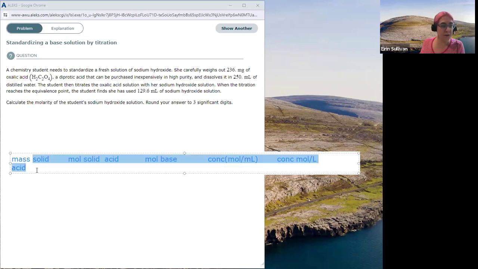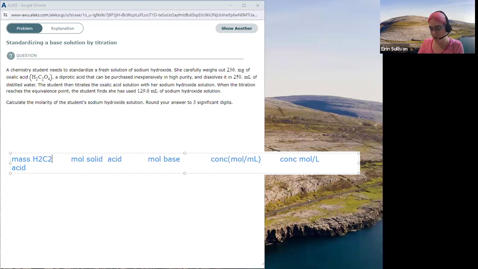So in this case, our solid acid is our oxalic acid, H2C2O4. And our base is going to be sodium hydroxide. So what we really have to have before anything else is a balanced chemical equation, just like for any of these other questions.